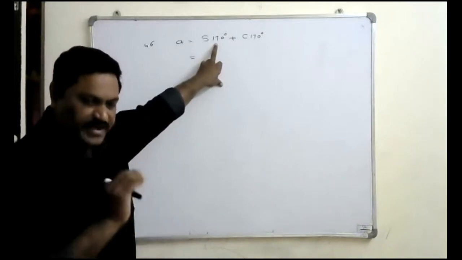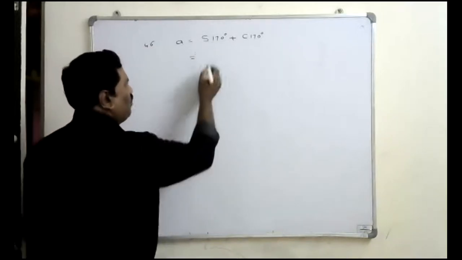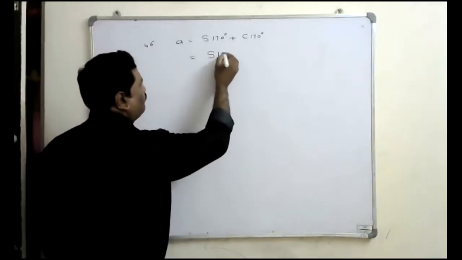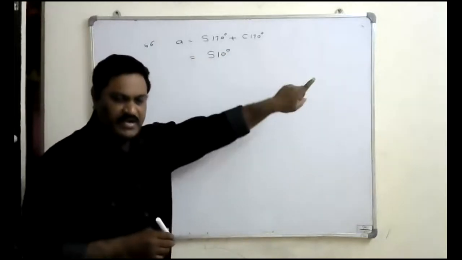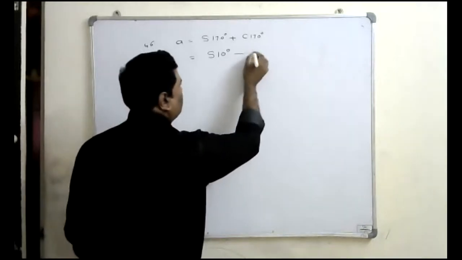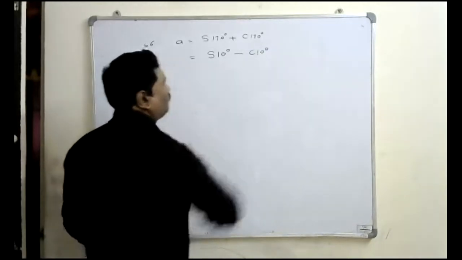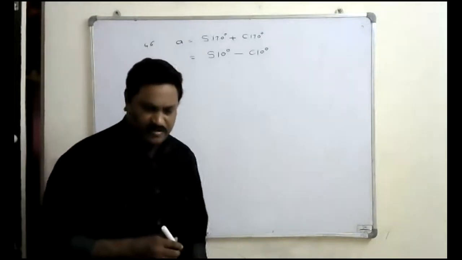This is an angle of the second quadrant, sine positive. That's why sine of 180 minus 10 is equivalent to sine 10. And cos 180 minus 10, that is an angle of the second quadrant, cos is negative, it will become minus cos 10. So A is equal to sine 10 minus cos 10.